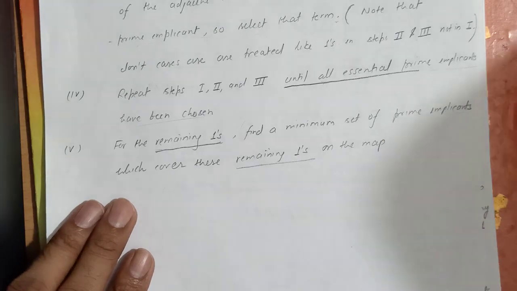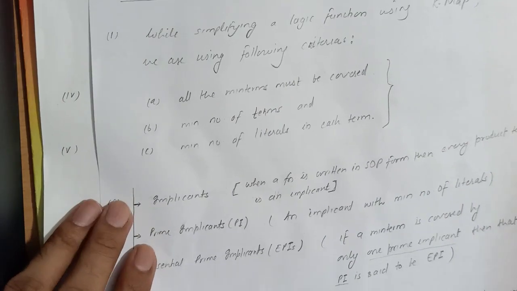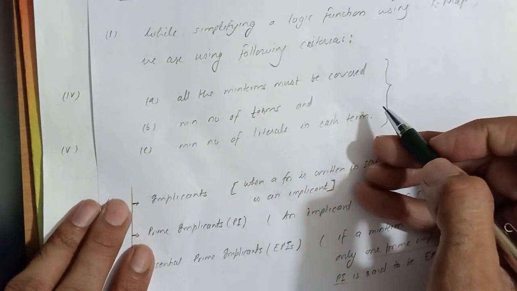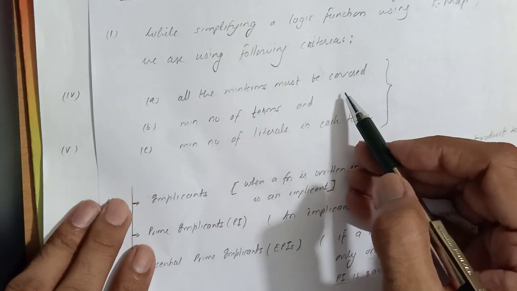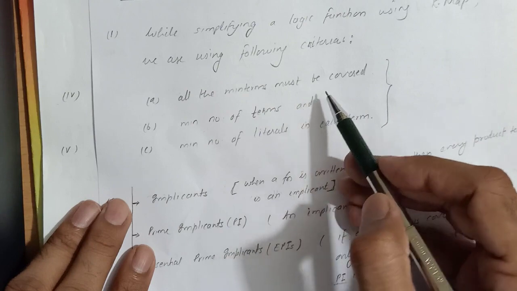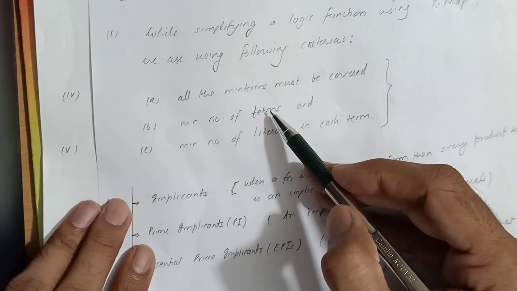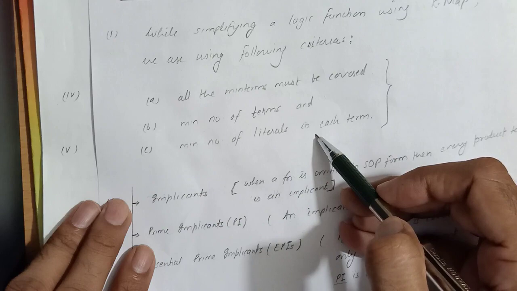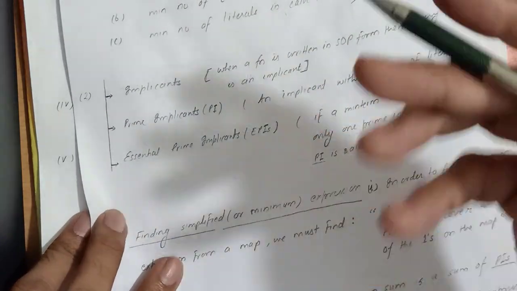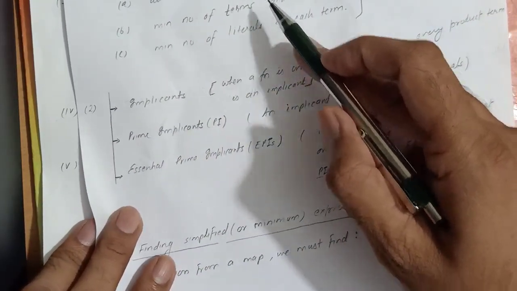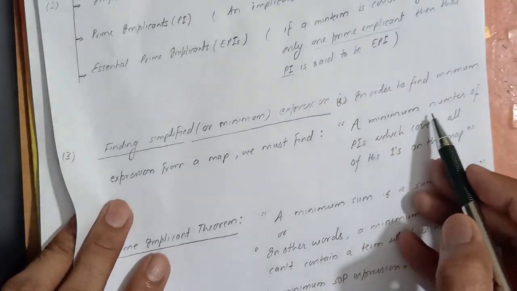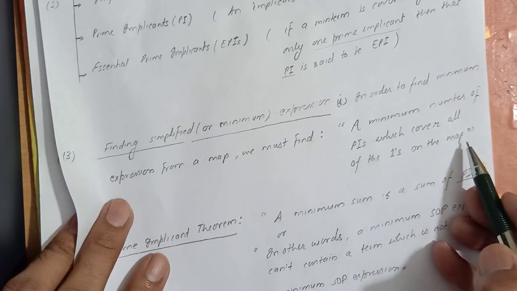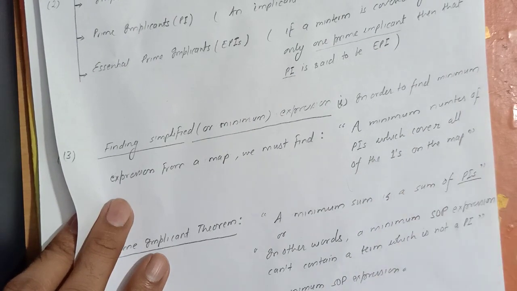So basically if you look here, firstly I introduced the method that consists of these steps: we have to cover all the ones with minimum terms and each term having minimum literals. After studying the concept of prime implicants, this condition has been rewritten like this. We will find the minimum number of prime implicants that cover all the ones on the map.